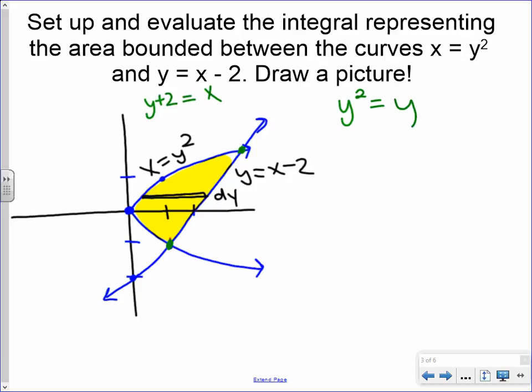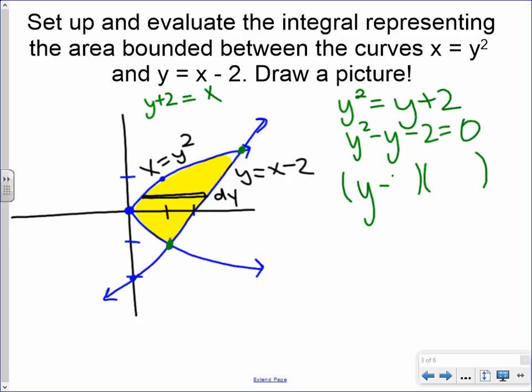We want to be in terms of y when we do this. When we have y squared minus y minus 2, and we factor that, we get y minus 2 and y plus 1. So our intersection points are at a positive 2 and a negative 1.